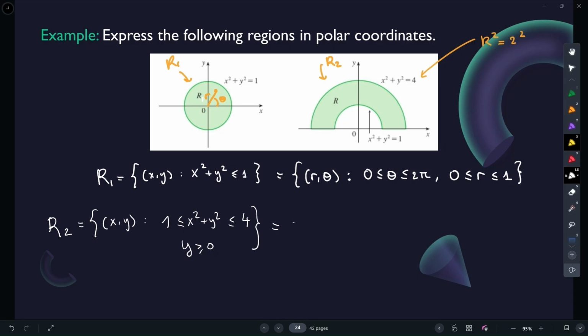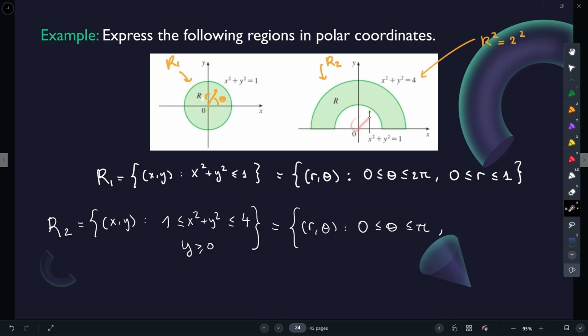So let's see if I can describe it in polar coordinates. So these are going to be r theta, such that, first of all, the angle here goes from 0 all the way to pi, but it doesn't go between pi and 2 pi. So the possible angles have to go between 0 and pi, and the radii go between 1 and 2.